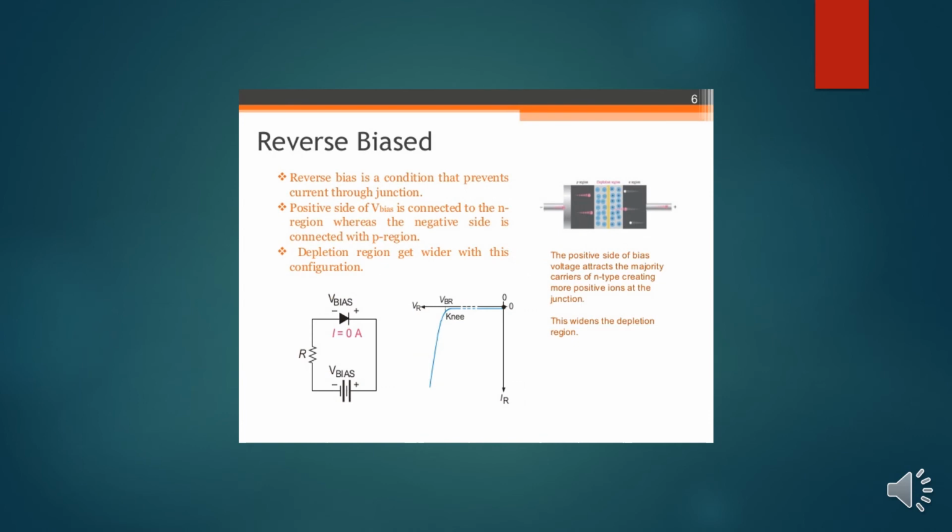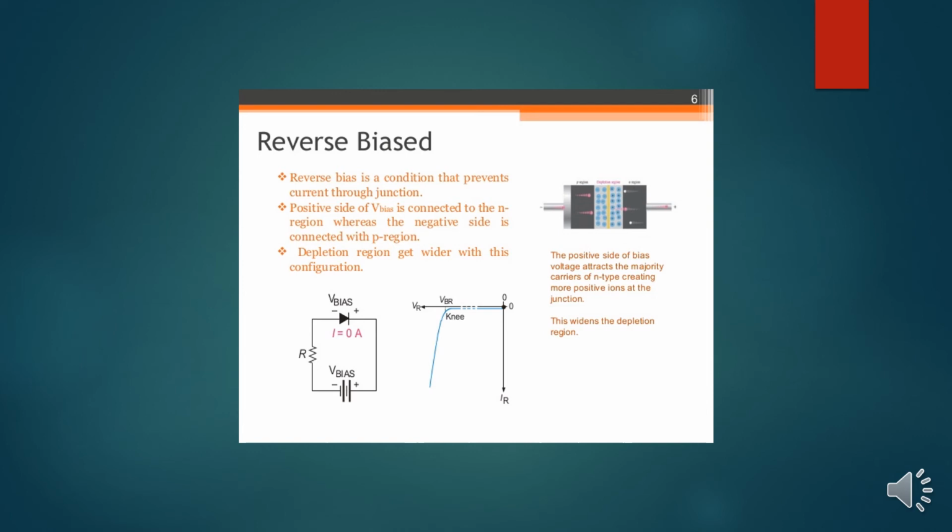Next one is reverse biased. When the diode is connected with the bias voltage like in this diagram, P is connected to the negative terminal and N is connected to the positive terminal. This is called reverse biased. And what happens? The depletion layer width increases, as we know. In this condition, this is IR and VR, the reverse bias current and the reverse bias voltage.